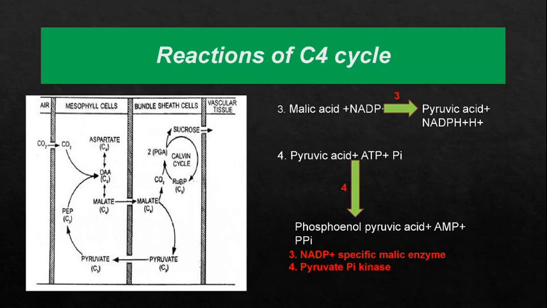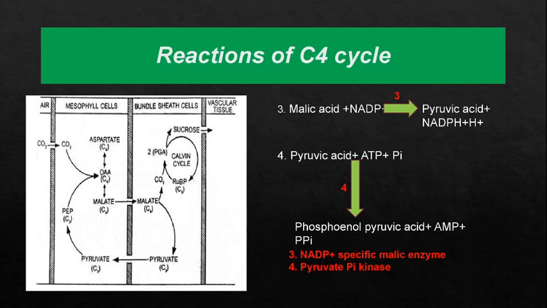After that, the second carboxylation occurs in the bundle sheath chloroplast. RuBP or ribulose bisphosphate accepts carbon dioxide in the presence of RuBP carboxylase, that is Rubisco, and finally yields 3-phosphoglyceric acid as in the case of the Calvin cycle.